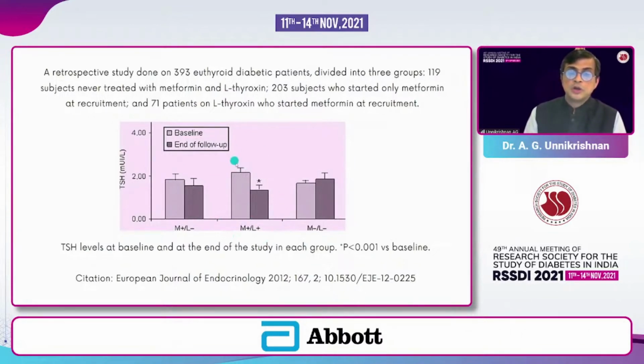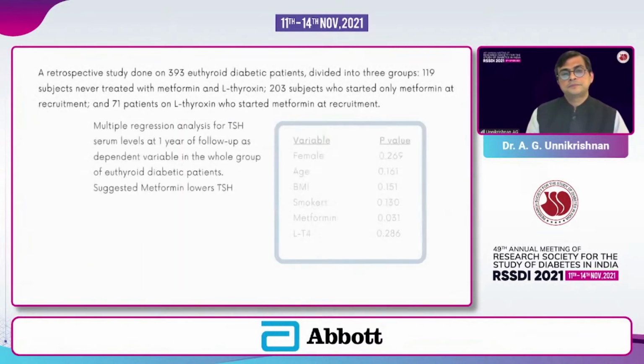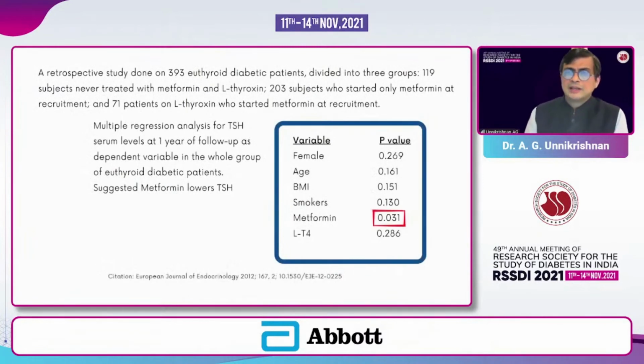All were euthyroid. What you can see is that in this group, addition of metformin suppressed the TSH in these hypothyroid subjects taking levothyroxine. And this was statistically significant. So metformin has a tendency to suppress the TSH. Again, these authors did further analysis.